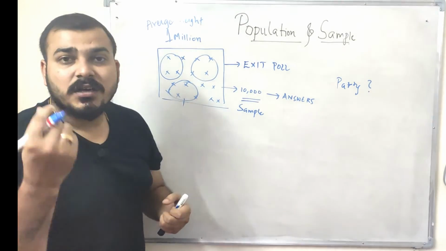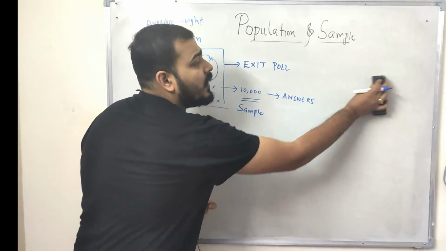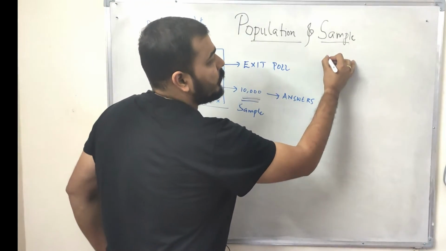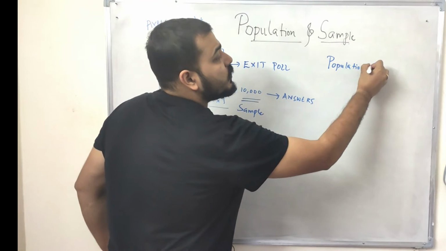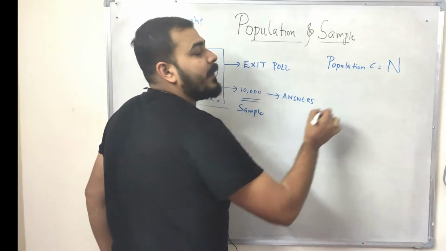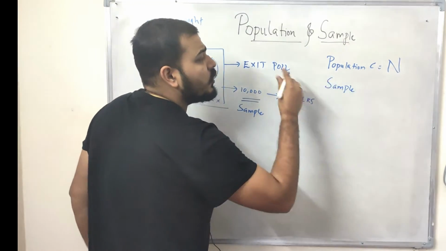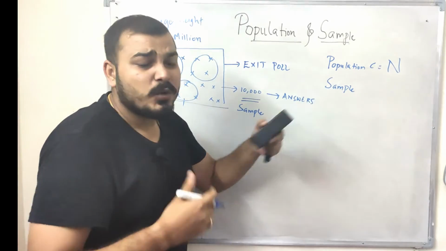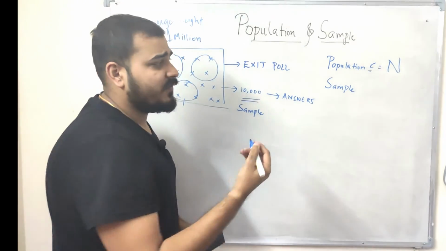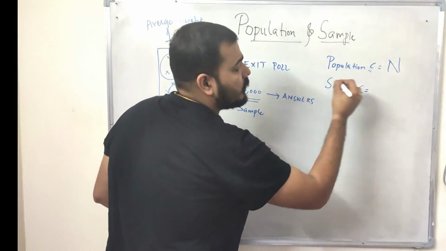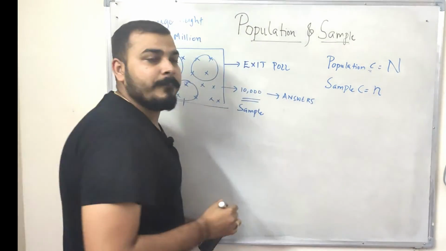Now, some of the terms that you basically need to know. If I want to represent the population count, this is represented by capital N. If I want to represent the sample count, meaning the total number of values in the sample, that is represented by small n.